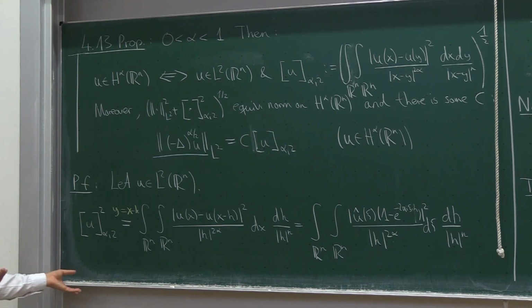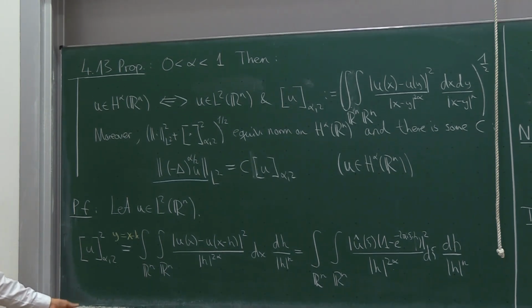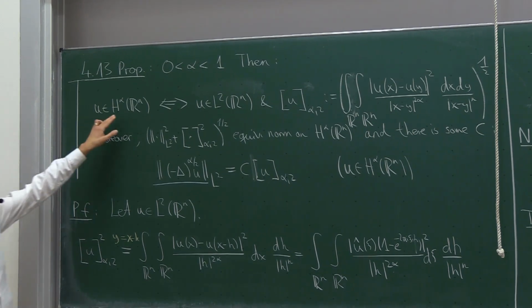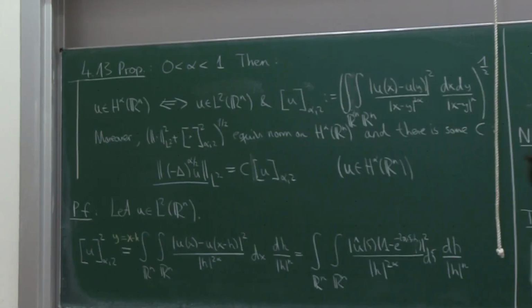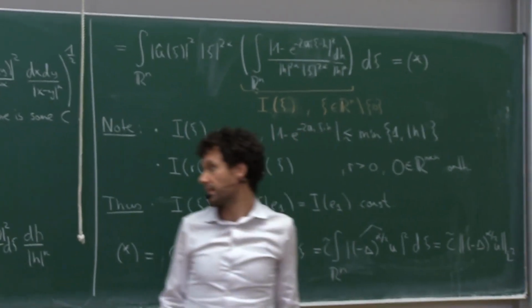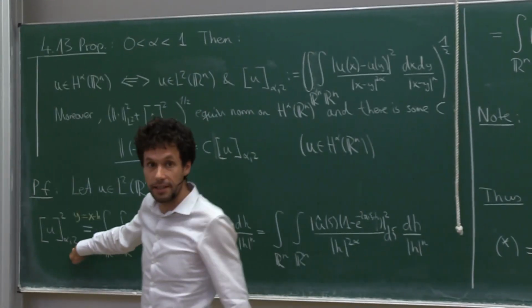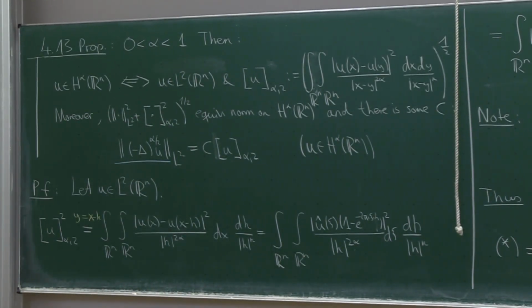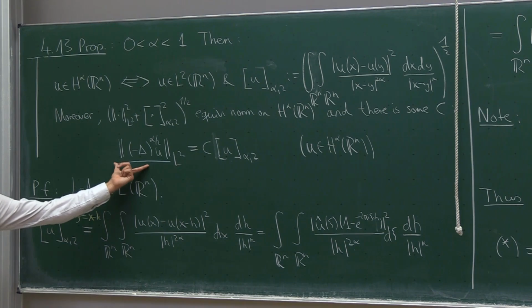And so all other claims follow from this, because now u is in H alpha precisely means that this guy is in L2, so it precisely means that this quantity here is finite, and vice versa. And in addition, this equality is already there.